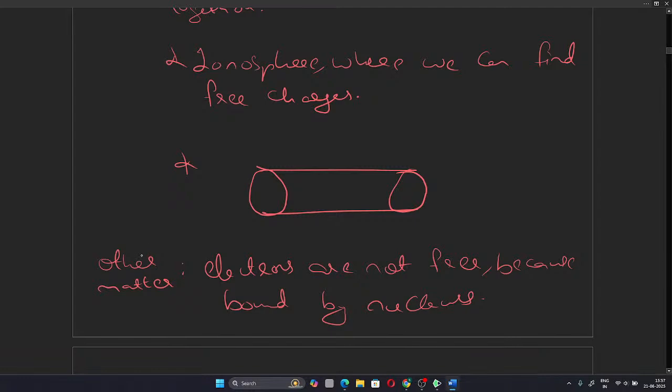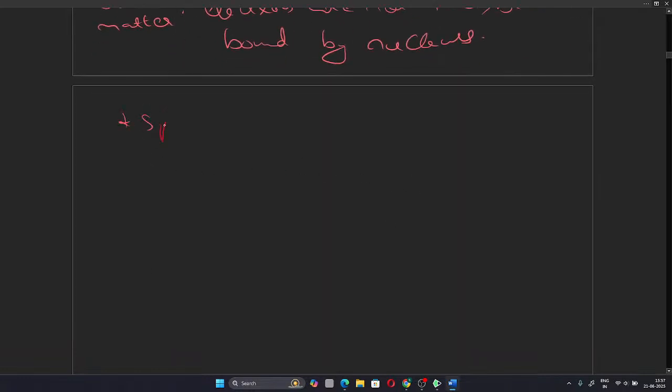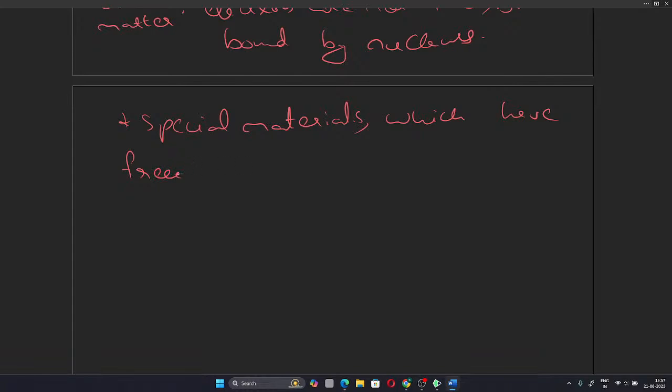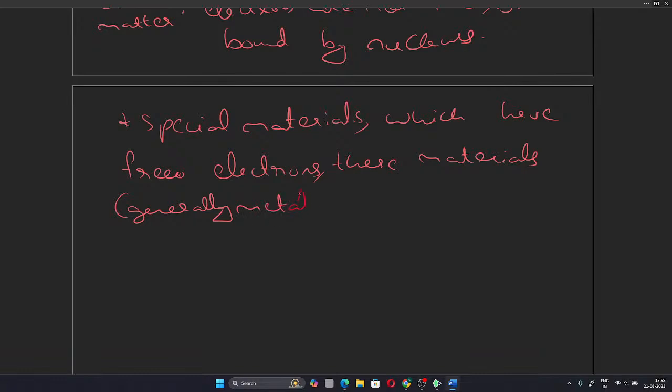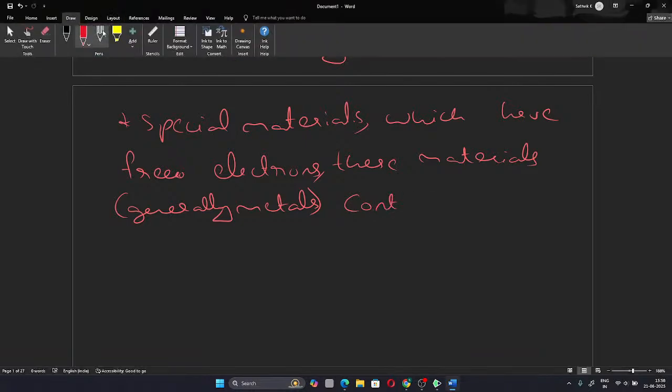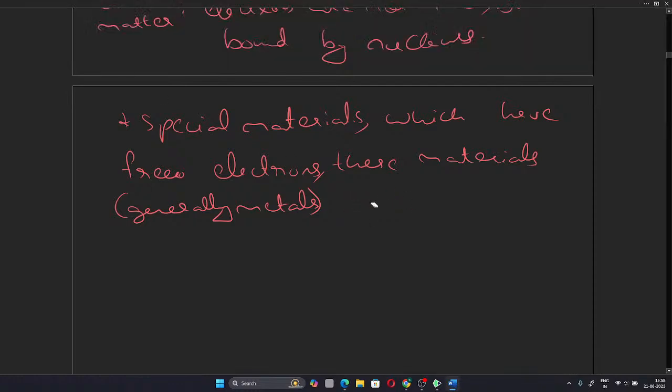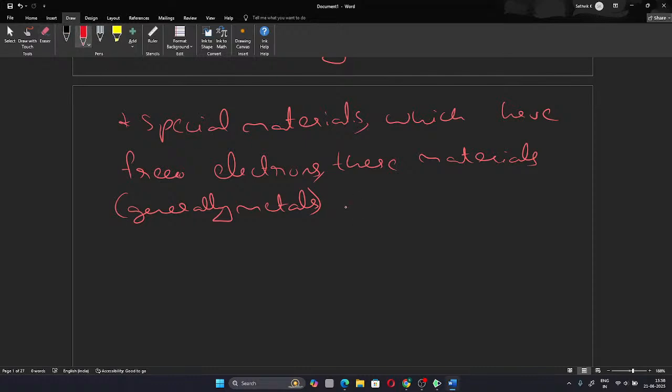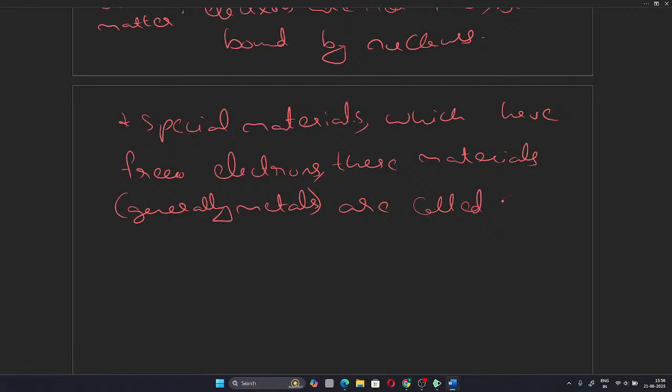But in case of some special materials which have free electrons, these materials, normally metals, are what we call conductors, which have free to move electrons or charges.